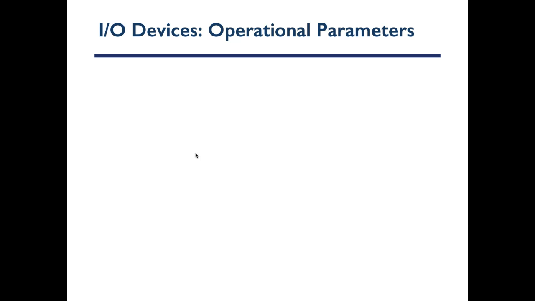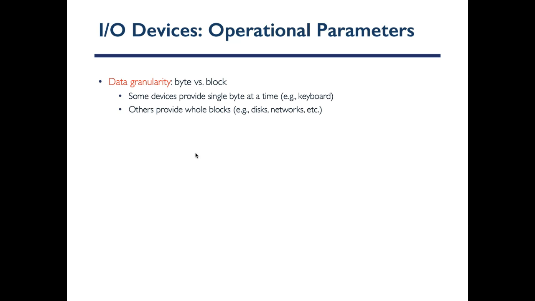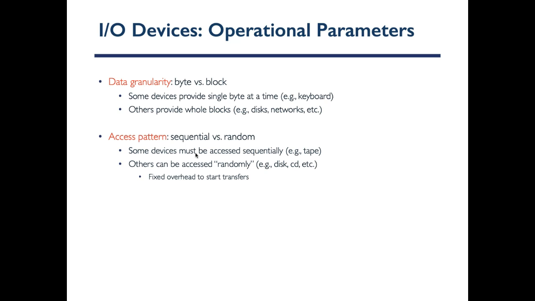So let's talk about devices. Let's start from operational parameters of our devices. The first thing that we have to consider is data granularity. What is the granularity of the data that is being communicated back and forth between the device and the programs? It's usually bytes versus blocks. The other thing that we have to consider is access pattern.